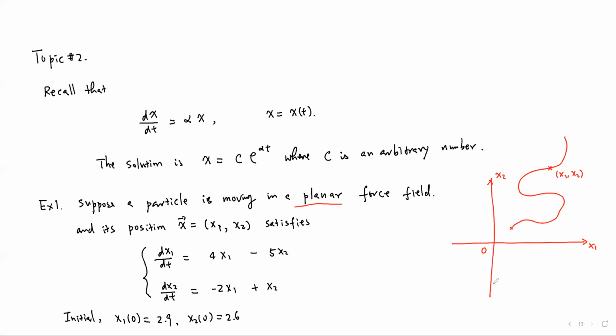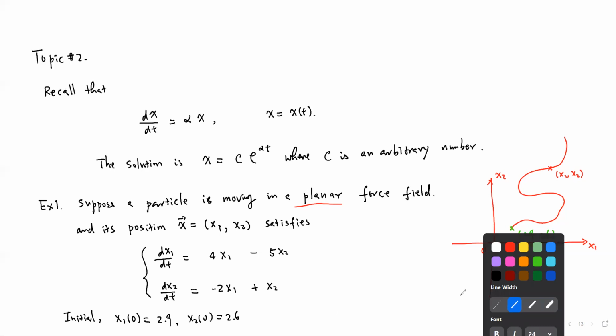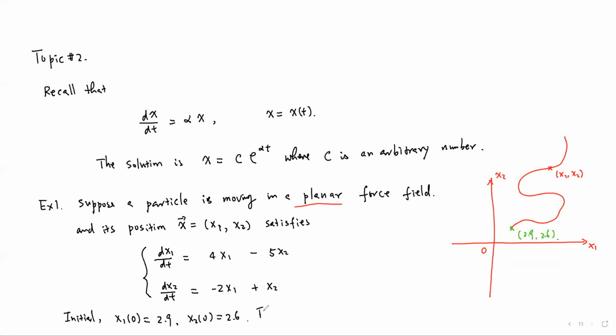That means the location is 2.9, 2.6. Now the question is: find the position of the particle, that is, find the function x, find x1 and x2. Then how to solve this problem?